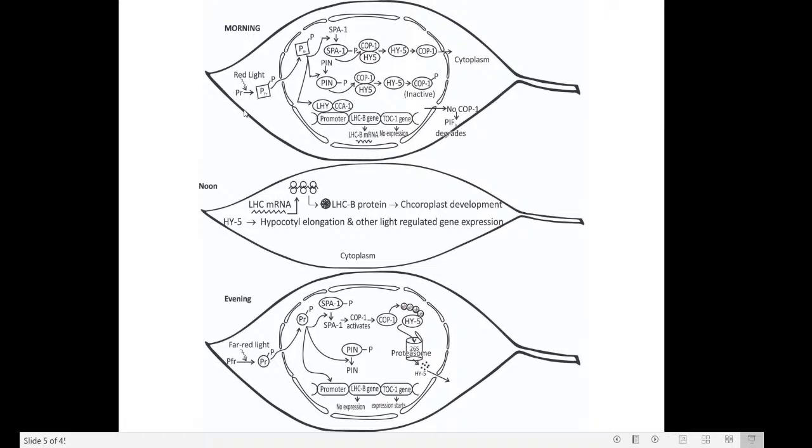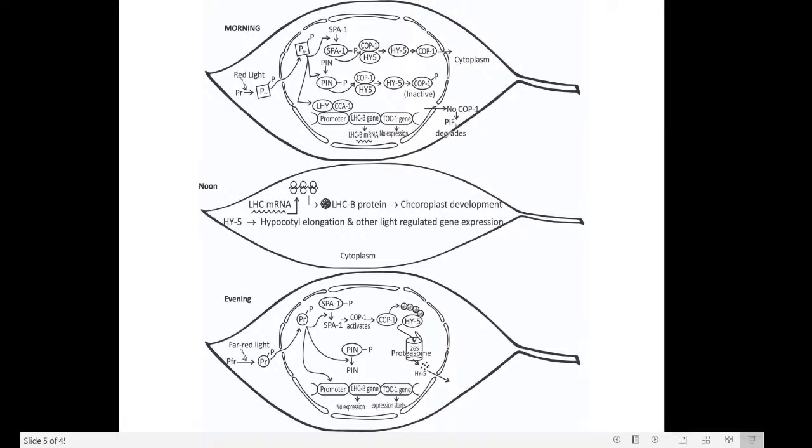Okay, the phytochrome is activated in the morning, but in the noon and afternoon it is not activated because there is no red light. At that time, the LHC mRNAs are activated, producing the protein for chloroplast development. LHC mRNA is the light harvesting complex mRNA. Yesterday in class we discussed the light harvesting complex. Its formation needs a protein, right?